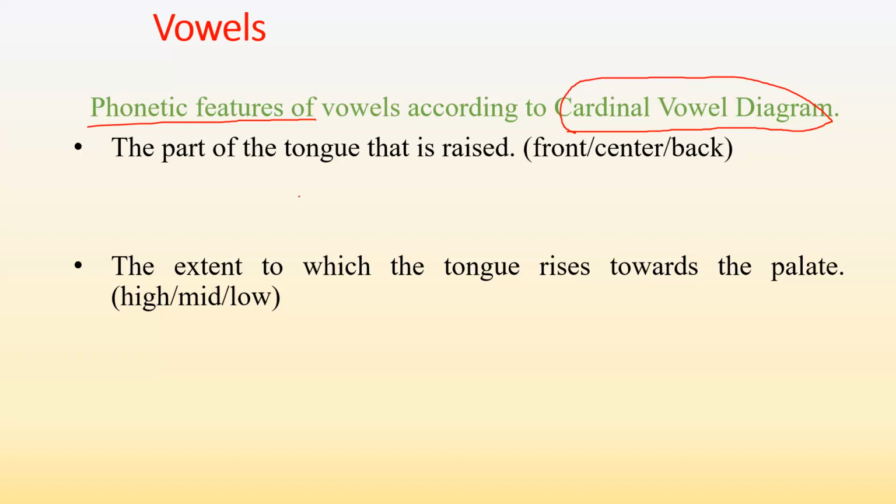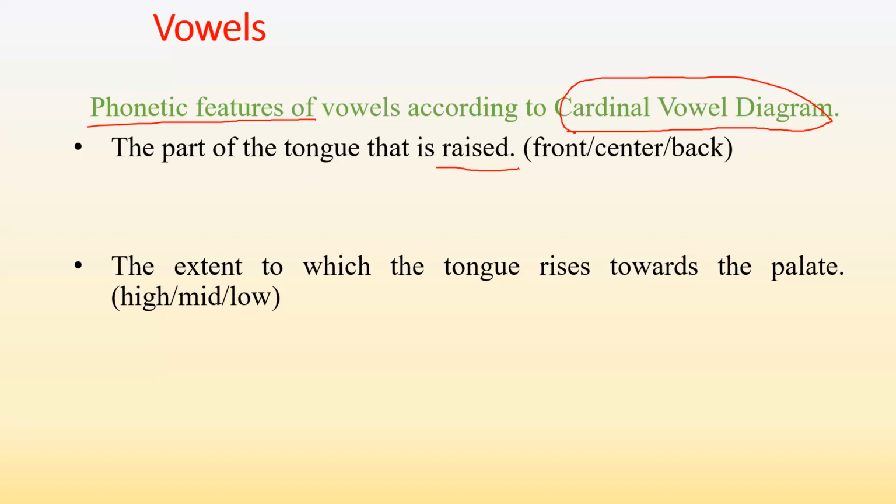That is what we mean by raising here. But don't think that only one part of the tongue is raising while the other parts are remaining where they are. It's not biologically possible. But especially when we produce vowels, a particular part of the tongue feels a kind of movement.